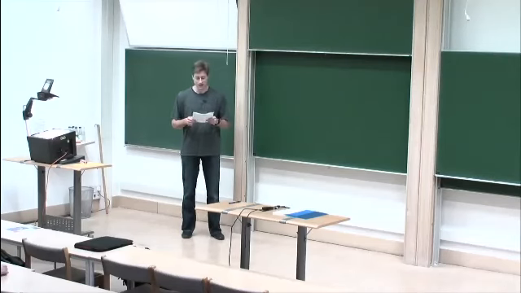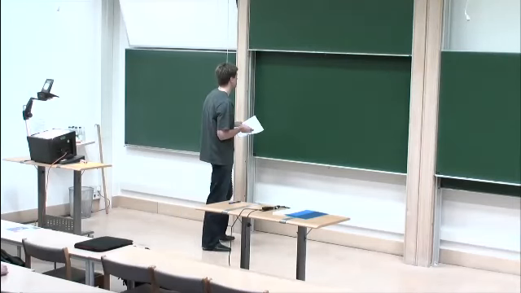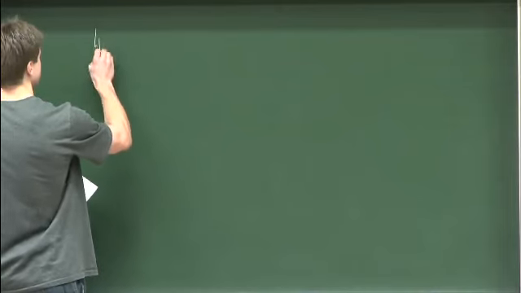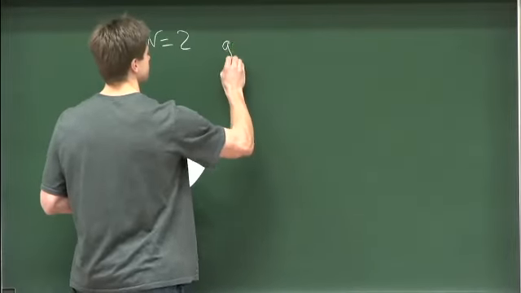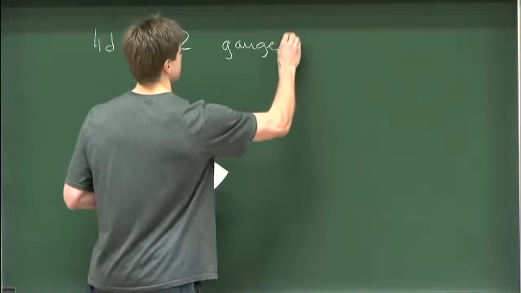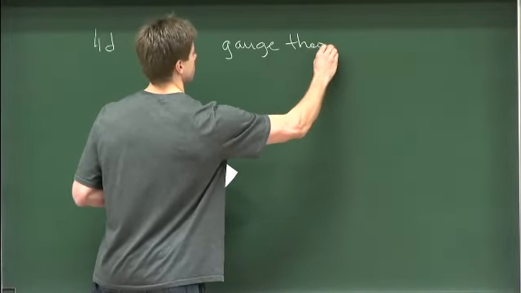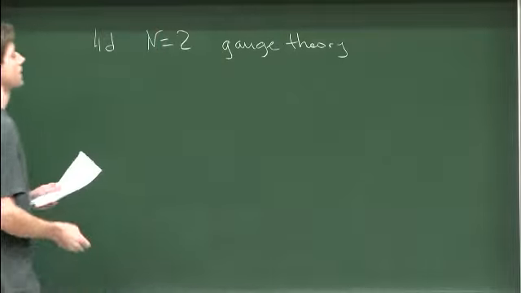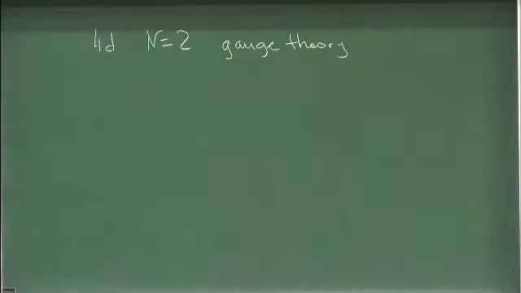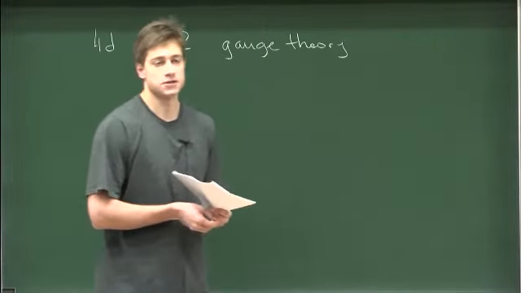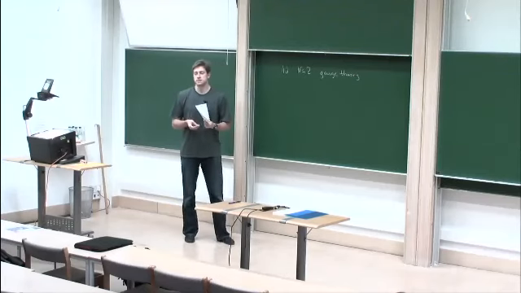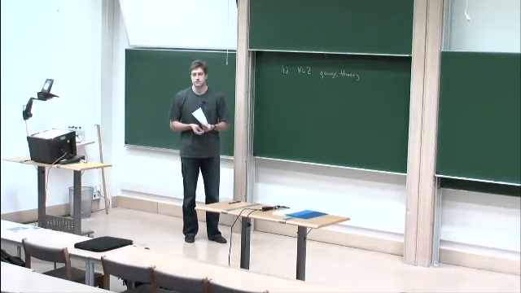making this conference. Today we'll talk about the subject of 4D N=2 gauge theory, computing its low energy effective action by doing a microscopic calculation of instantons, summing over all instantons in the theory.